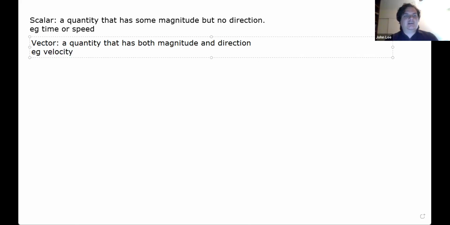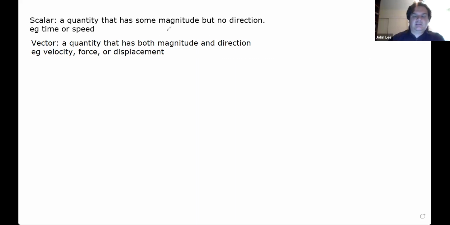And then another vector that we're going to be talking about this lecture is going to be displacement, which is a very easy way to think about vectors because all that displacement is the vector between a starting position and an ending position.